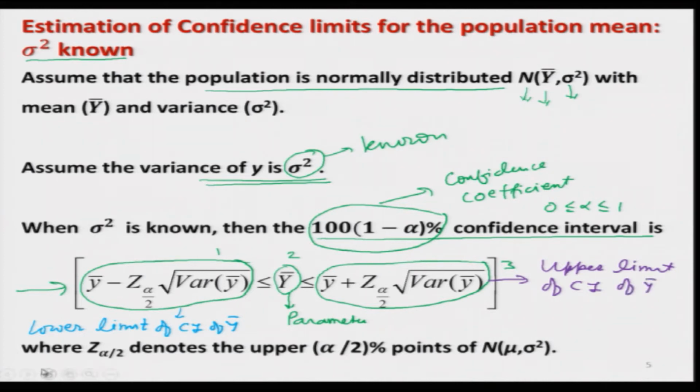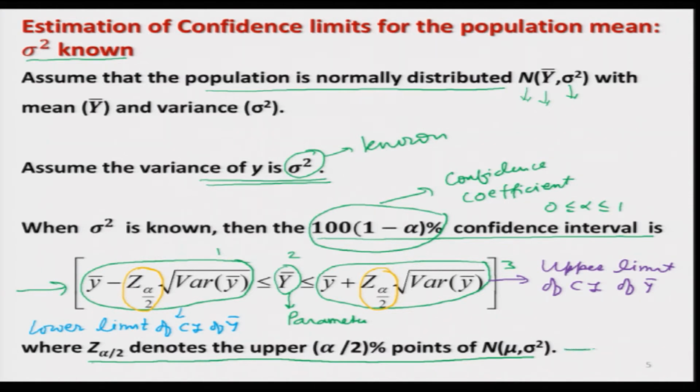Now you can see that when you make a statement that you would like to find the confidence interval of a particular parameter, this amounts to saying that you want to find two quantities: the lower limit and the upper limit of the parameter. Here there is also one quantity, z alpha by 2. This z alpha by 2 indicates the alpha by 2% point on the distribution of normal mu sigma square.